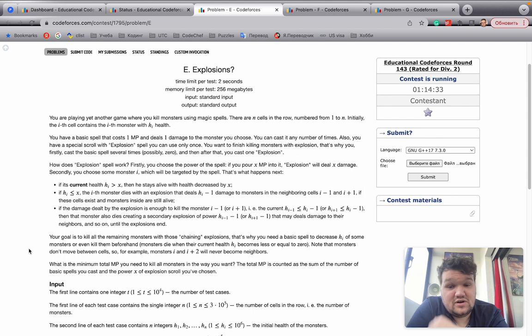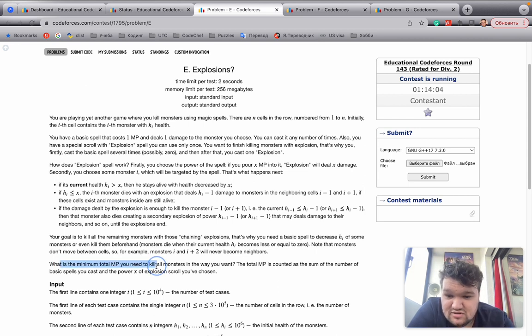First you choose the power of the spell. For X mana points, deal X damage. Then we choose some monster I, which will be targeted. So if its current health is greater than X, that's not good because we want to kill all of them, right?